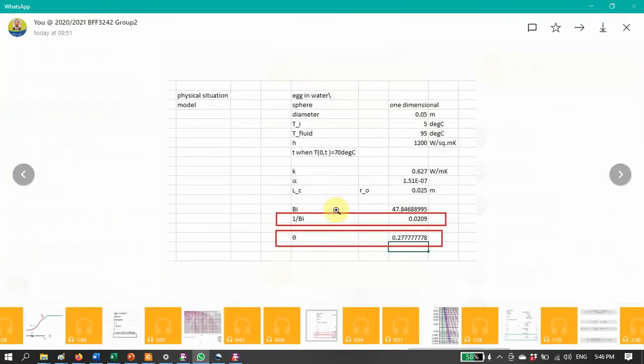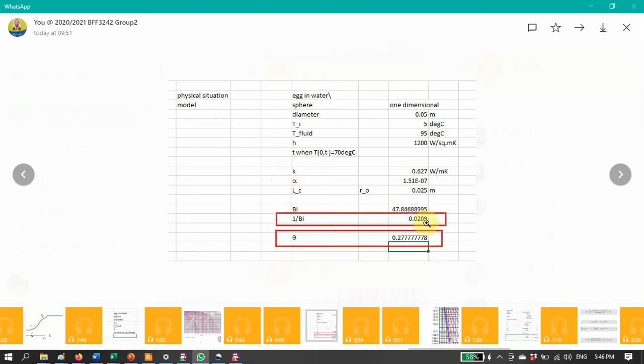Right, so we have this information there. I also add the thermal conductivity and thermal diffusivity with the characteristic length of 0.025. With that information, we can calculate the Biot number, and the inverse Biot number will be 0.021.